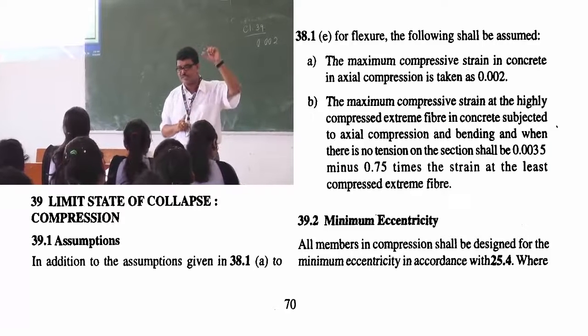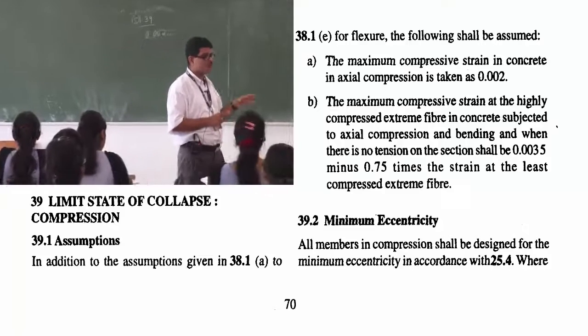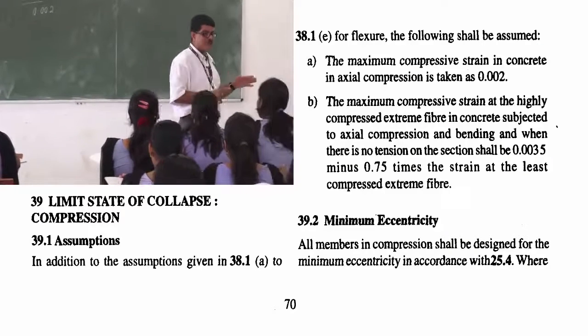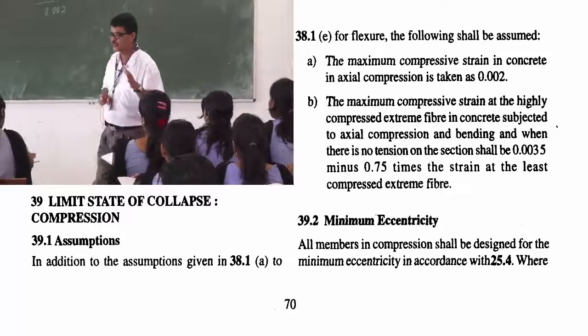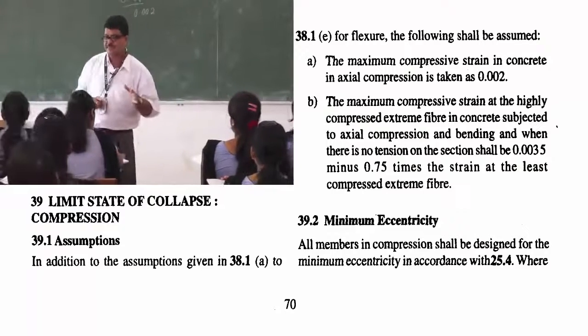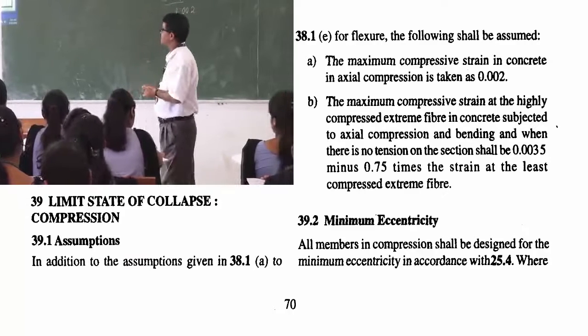One fiber will be under maximum compression, one under the least compression. So the value of the compressive strain will be 0.0035 at the maximum fiber minus 0.75 times the strain at the least compressed fiber. Okay, that is it.